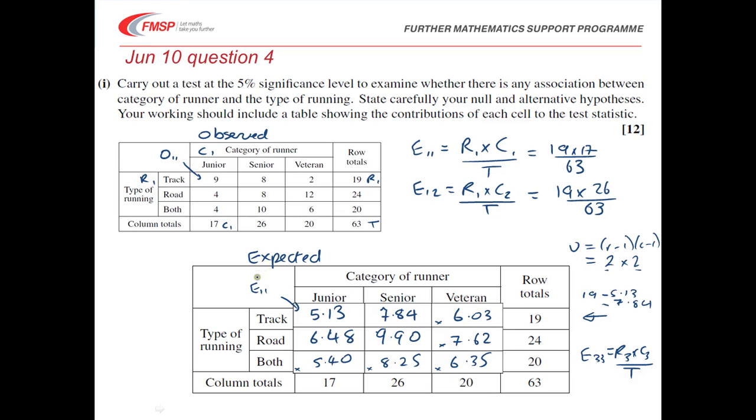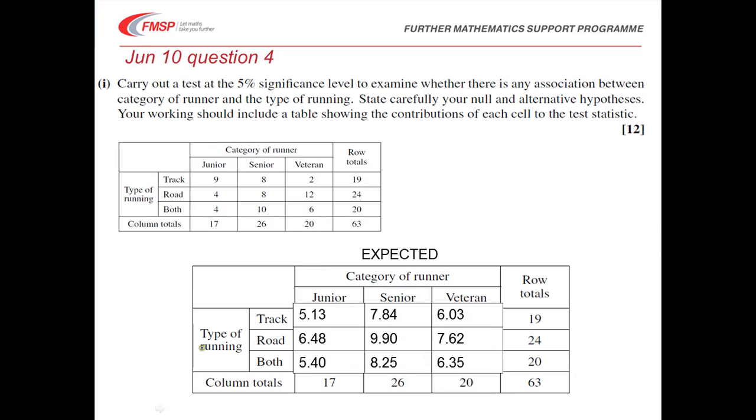It's 1 mark for your hypothesis test, 3 marks for this. You get a method mark for demonstrating some form of approach at finding all these E-values. You then get A2 for the table correct. You get A1 for at least 1 row or 1 column correct, and A2 for the rest. So it's a lot of work just for 2 marks. Okay, so there we go. That's all of those filled in.